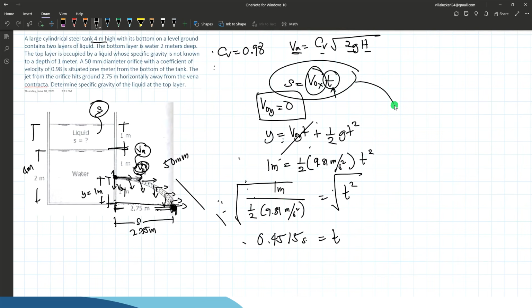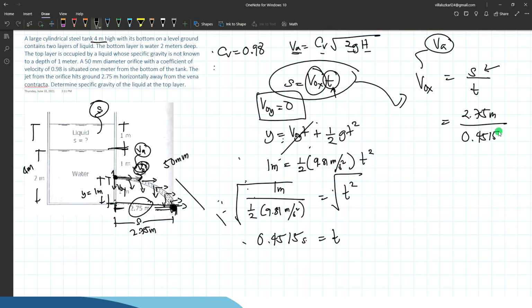The initial velocity along x, which is also the actual velocity, equals s over t. For s, we have a given horizontal distance of 2.75 divided by the time 0.4515. That's the time in which the water from the opening of the orifice reaches this point.